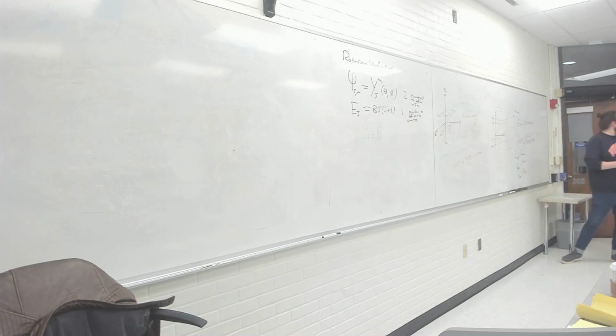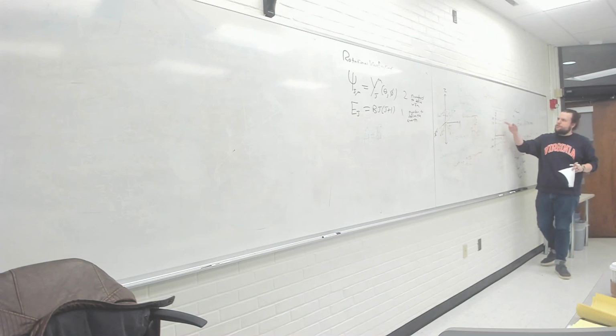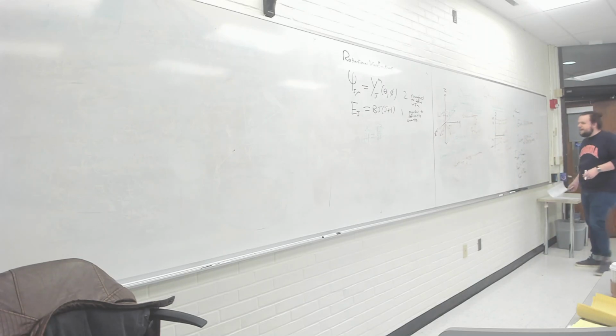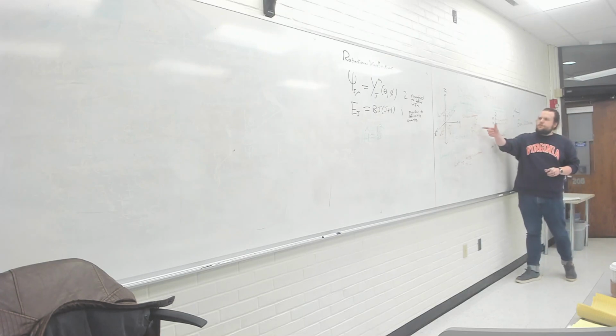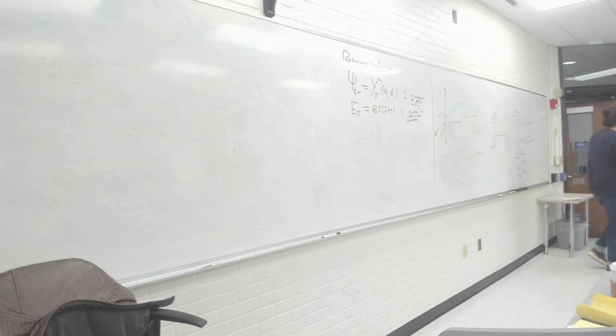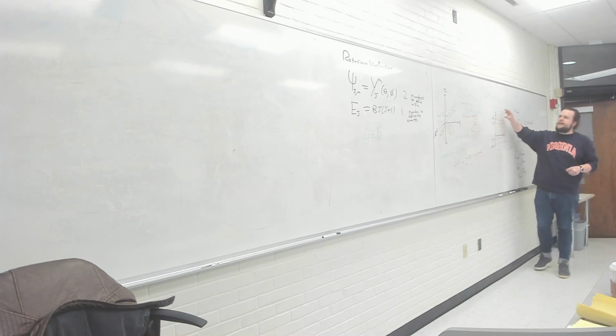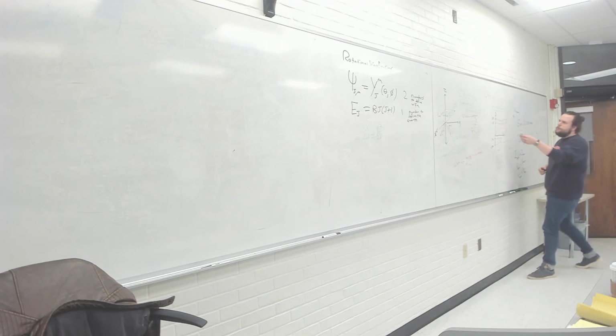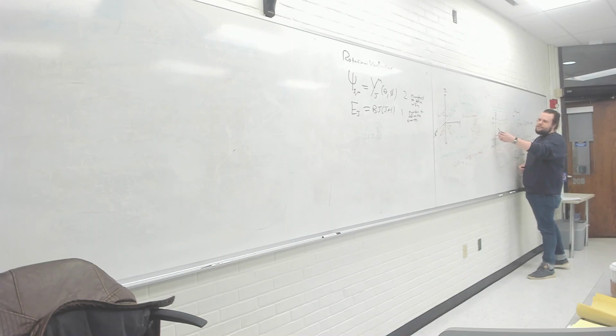So what this means is that for j equals 2, there are 5 different orientations of the molecule. What this tells me is that the total angular momentum can only have quantized values, but also the orientation with respect to one of the axes is quantized. So the molecule, when it's in j equals 2, can rotate like this with respect to the z-axis. Maybe it can rotate like this.